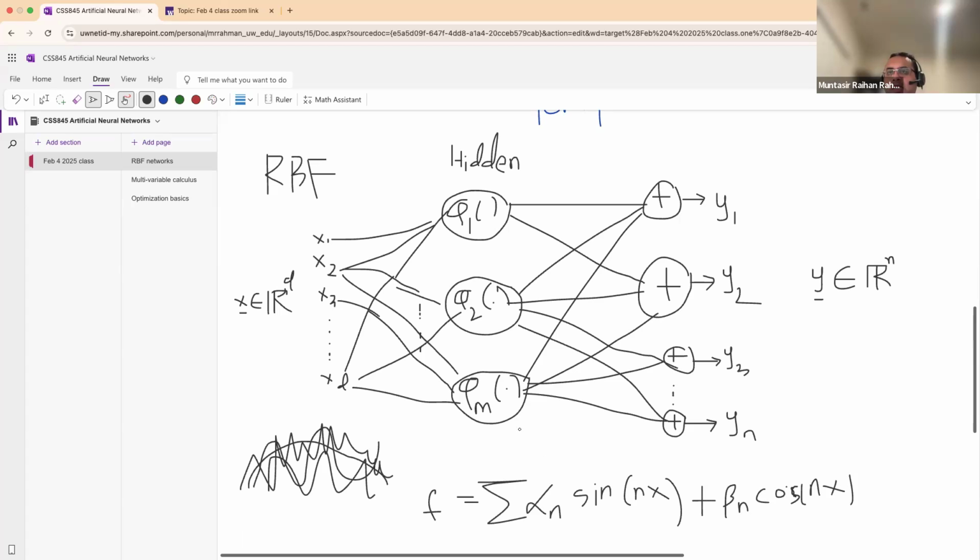And now there is an analogy between these radial basis functions and these sine and cosine functions. The reason for that is you can think of a sine and cosine, and there is a way to write this as a sum of exponents, right? This can also be thought of as e to the power of i n x, right? And then this becomes very close to the radial basis function, right? So there is a mathematical justification for why this would work. That's an analogy of why this would work.